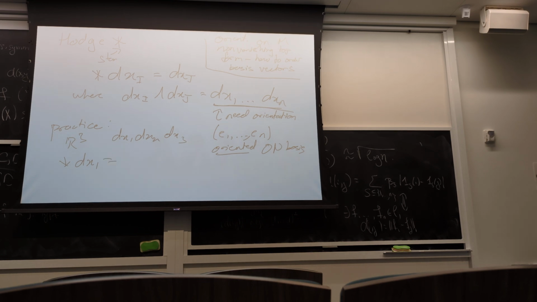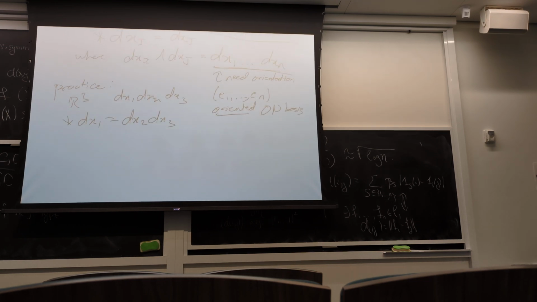So what is the star of dx1? dx2, dx3. What is the star of dx2, dx3? Negative dx1. Okay, so you say negative dx1. Sorry, we're just positive dx1. Yeah, that should be positive because you put dx1 at the end, and then if you swap it over twice, you get two negative signs.